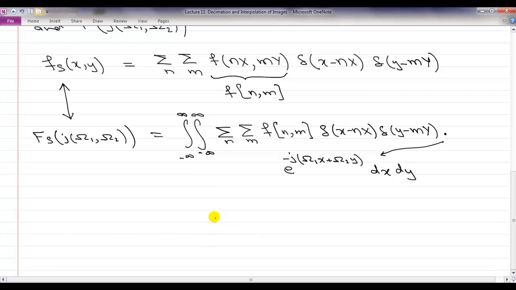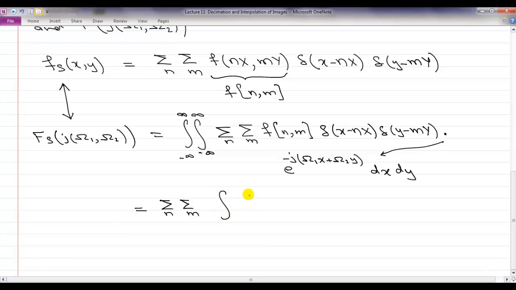And now, by the simple fact of the sifting property and the integration, I just take this out, n, m, and just want to remind, whenever I don't write in summation the indices, the assumption is it goes from minus infinity to infinity. Just trying to save some time.